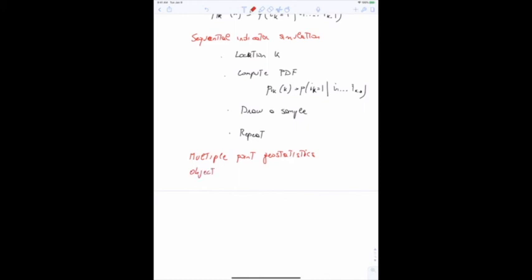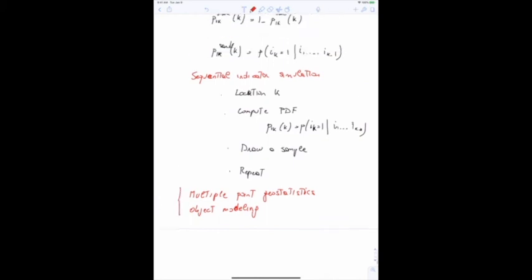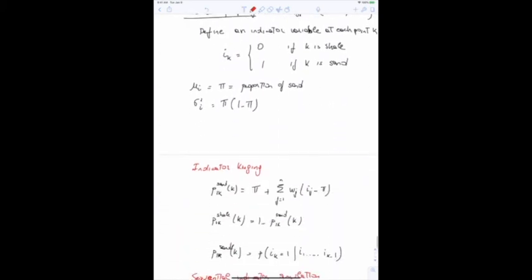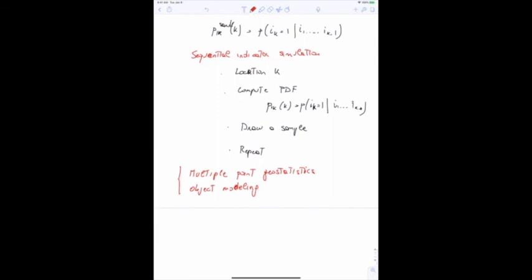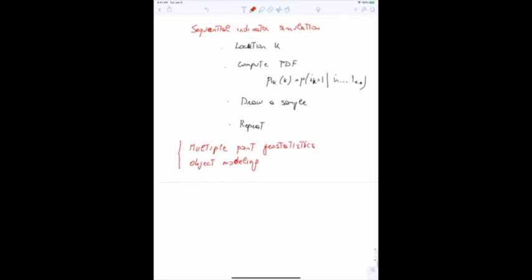These methods do not have a closed form, so they cannot be expressed with equations. These are more computer science algorithms. But the idea of multi-point geostatistics is that you take a conceptual model and try to extract all the statistics that you need from it. These conceptual models are called training images.